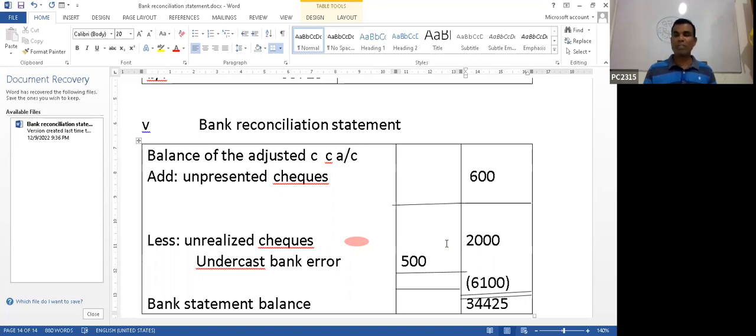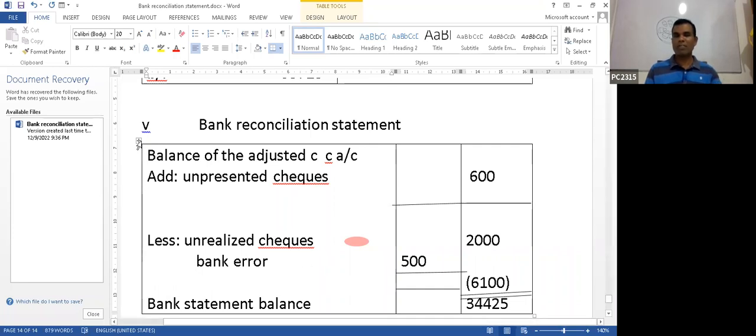So it can be treated as bank error. Due to this bank error, the bank account becomes lesser, because it is a deducted value.